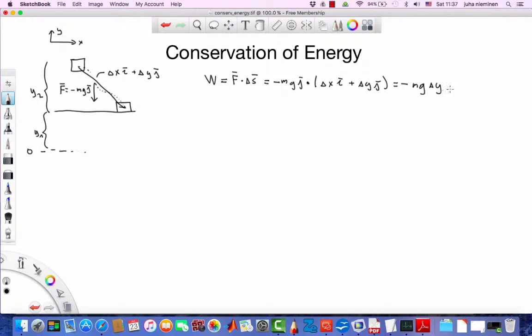delta y. And what is delta y? That's the change in the height, so final minus initial. Okay, of course, this is a little bit misleading now, so let's fix that one.